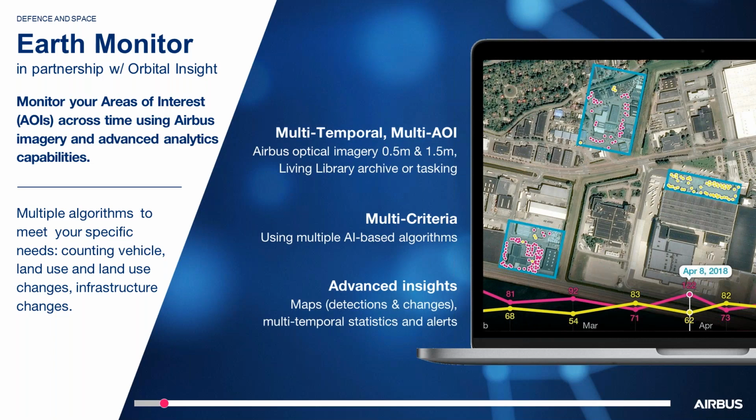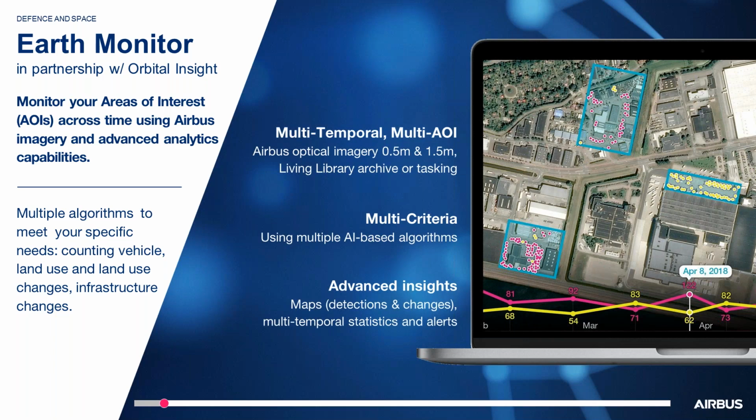You have on the right here an overview of Earth Monitor, and the principle is really this one. In this screenshot, you can see 3 areas of interest in blue, and inside each area you can see pink points and yellow points. Each pink point, in fact, is a car detected automatically by Earth Monitor, and in yellow is a truck.